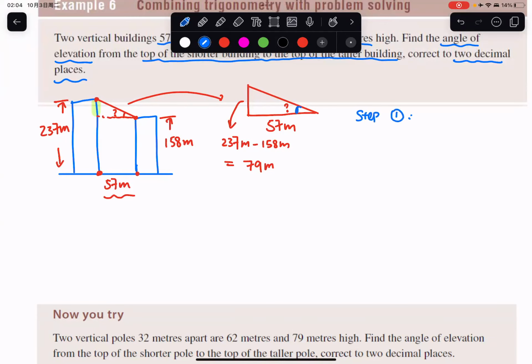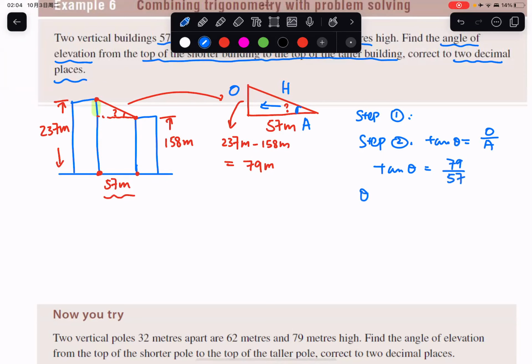That one is theta, that is the opposite side, that is the hypotenuse, and that is the adjacent. Same thing, O and A, so I'm going to use tangent. Tangent theta equals O over A. Now I'm going to do the substitution. Theta we don't know, it's what we're asking for. O equals 79, and A equals 57.